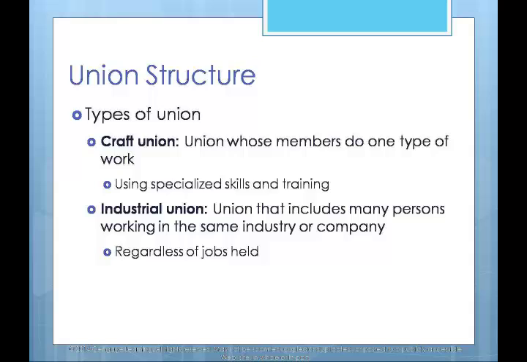So that could be things like, I'll call them the Teamsters, right? They have drivers, they have bottlers, they have those kinds of workers. So that's kind of an industrial union. Or United Food and Commercial Workers, that has bakers and confectioners in it. So yeah, those are the examples of the types of unions.